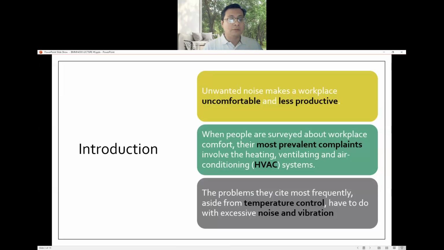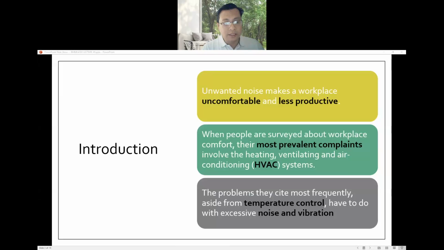Once considered uncomfortable, it affects productivity among the staff, so maybe this also counts as noise. The last one in our definition: the problem they cite most frequently, aside from temperature control, has to do with excessive noise and vibration.